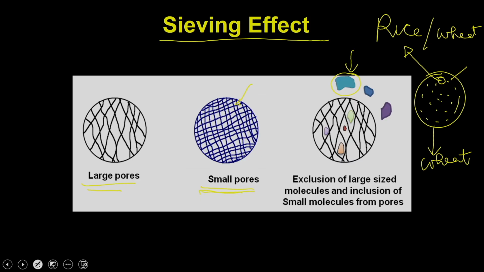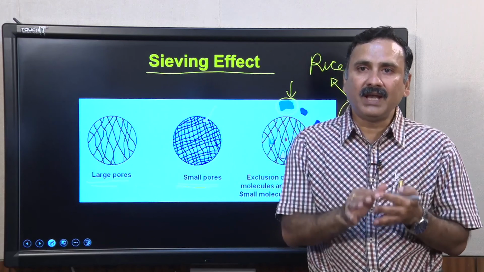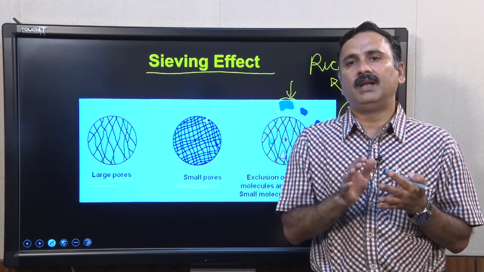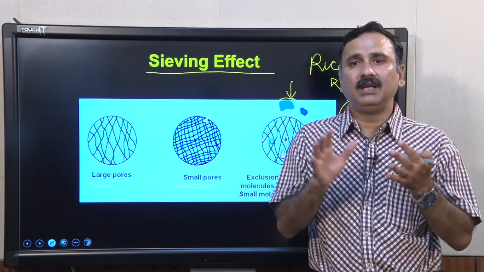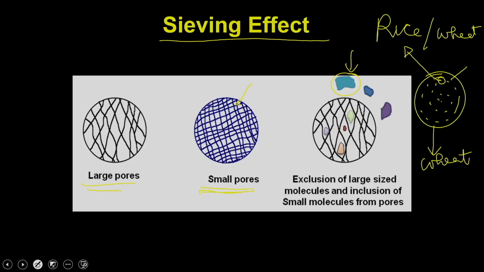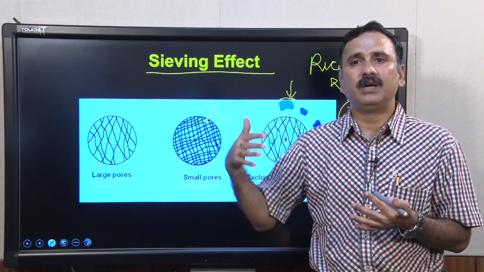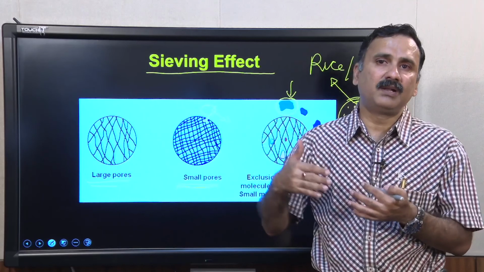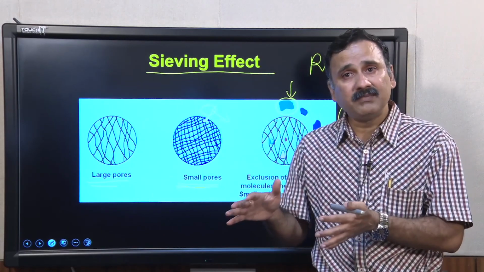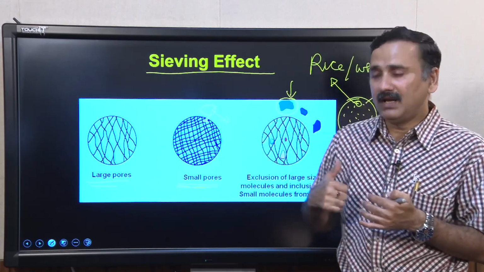Once you have small pores, the pores are good enough to retain the small sizes, but not good enough to retain the large sizes. So the large molecules are excluded from these beads and come out first, and the small ones are retained in the beads and come out later.